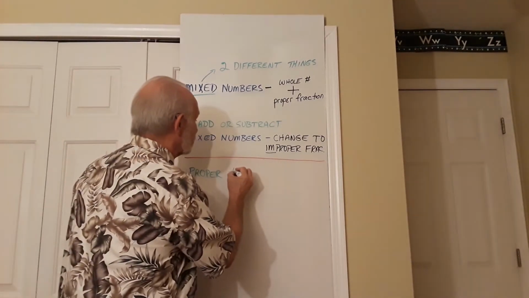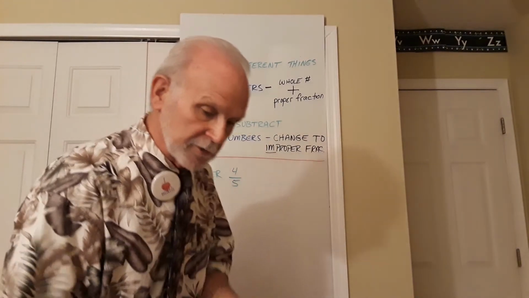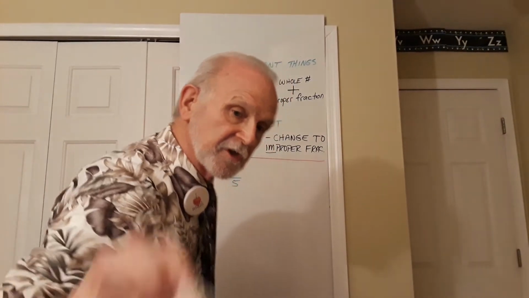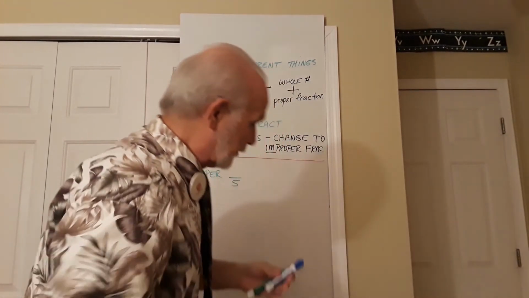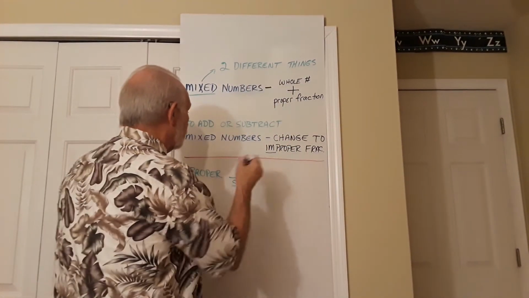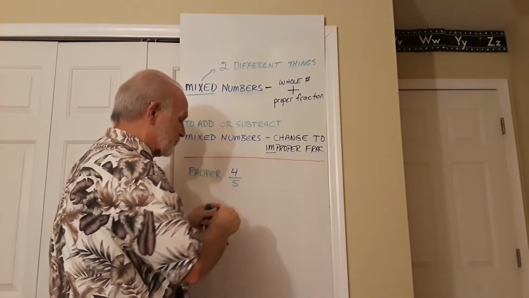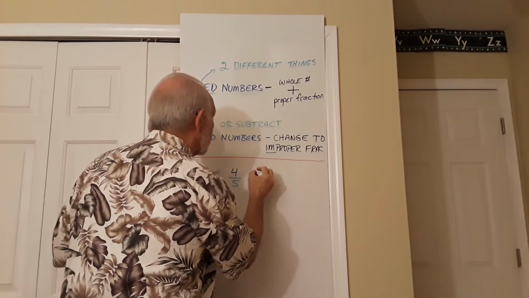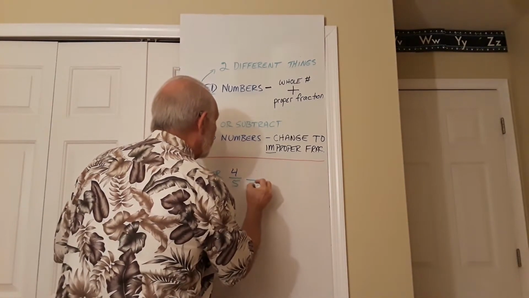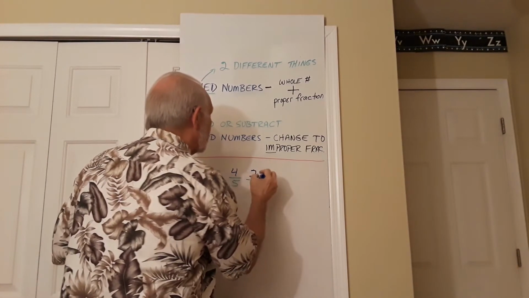So here are some proper fractions, and I think you can see what we're looking at here is that the numerator will be less than the denominator. This is all pretty basic, right? But I want you to understand what an improper fraction is. So we may have perhaps 2 over 6.